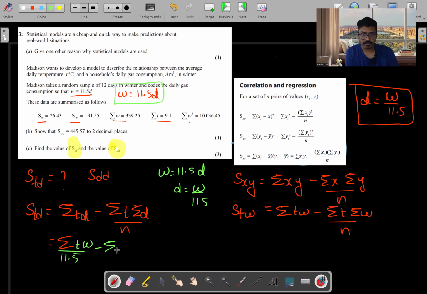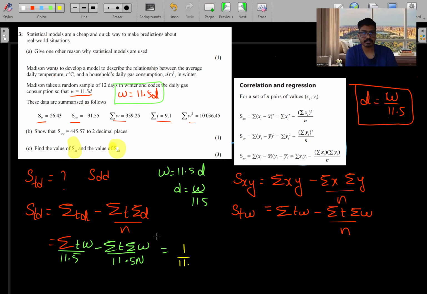Now sigma of T I'll write as it is, and then sigma of D I can write as sigma of W upon 11.5 N. Here I can take 11.5 common. So what will be the remaining? Sigma of TW minus sigma of T into sigma of W upon N, right?